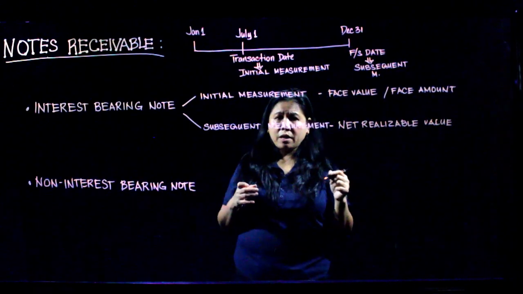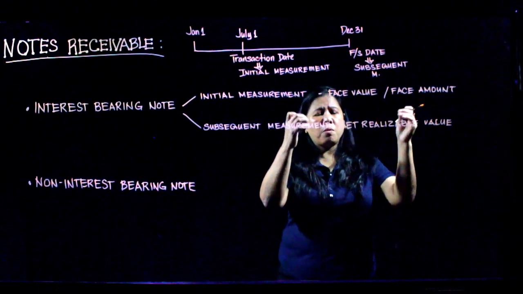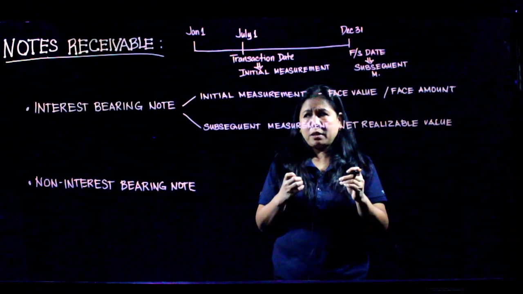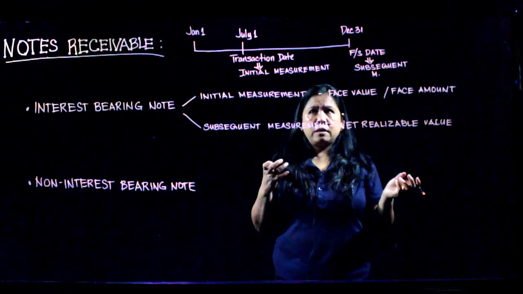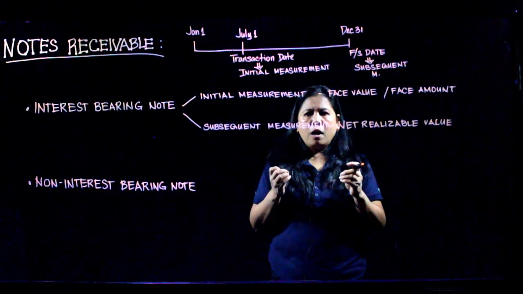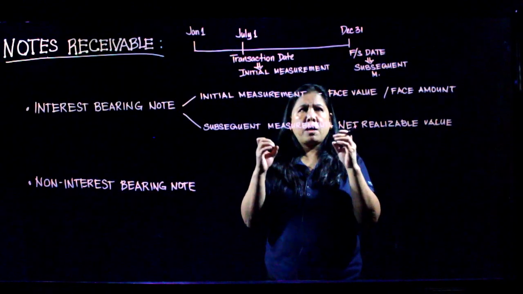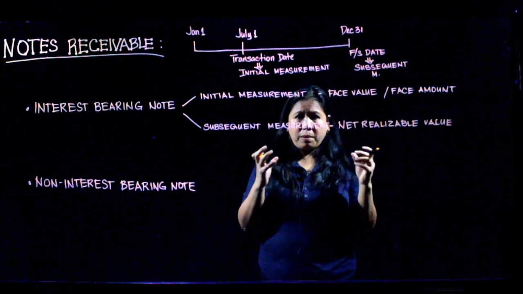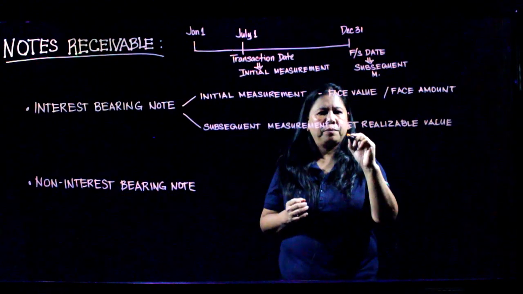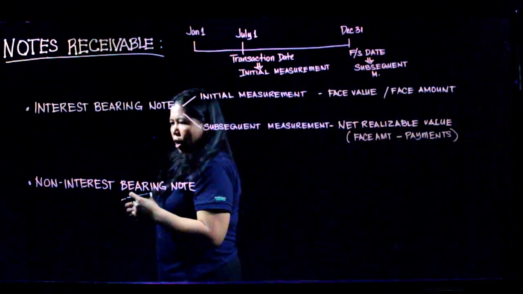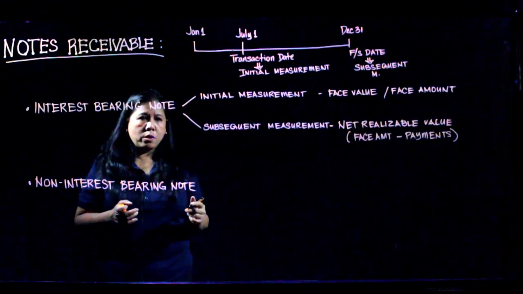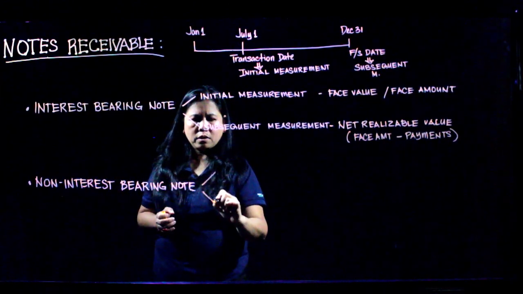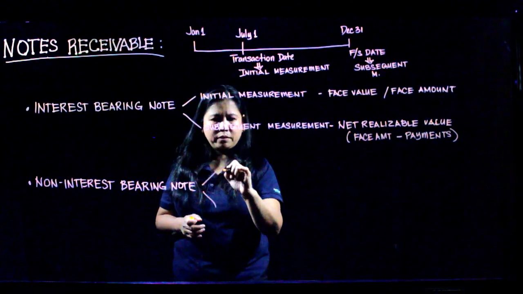The net realizable value is simply the face amount less all the payments made by the maker, let's say installment payments. On non-interest-bearing notes, we also have our initial measurement and our subsequent measurement.